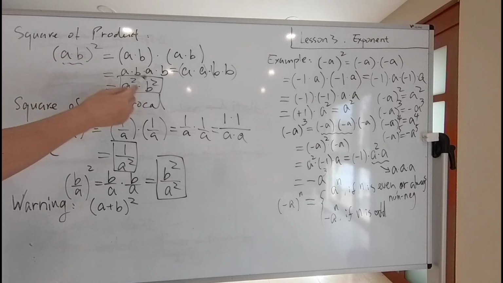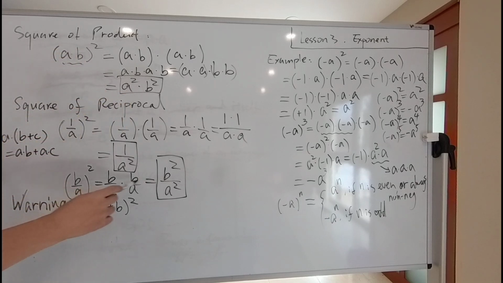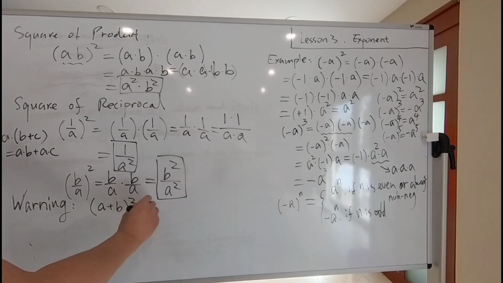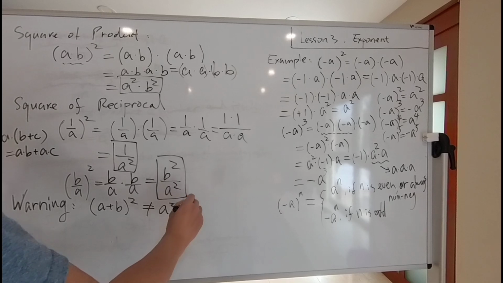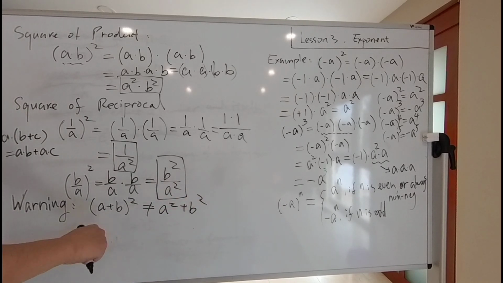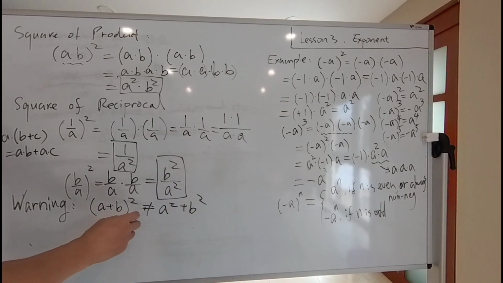You can distribute the power of 2 over the multiplication or over the division, which is fine. But if you want to distribute power over addition or subtraction, it's not true. So by conclusion, I will prove it shortly, (a plus b) squared does not equal a squared plus b squared.